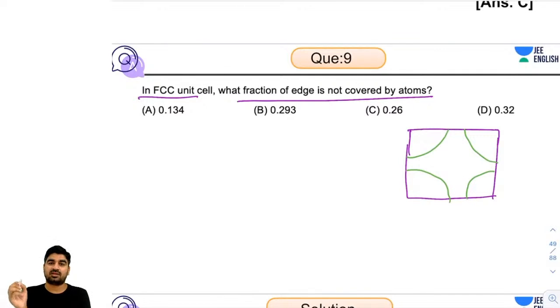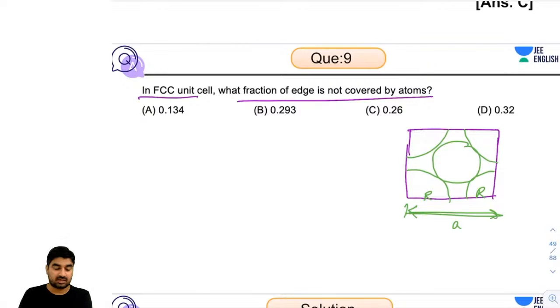This is FCC here. This is the edge a, or the covered part is 2r, total part is a, uncovered part will be a minus 2r.